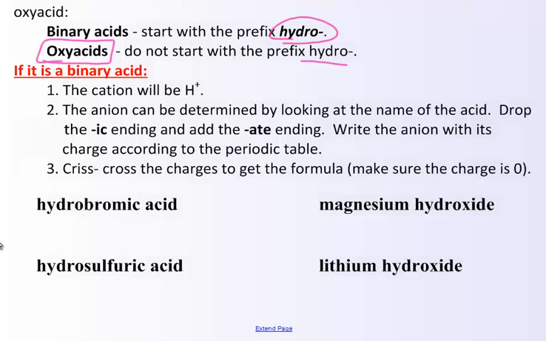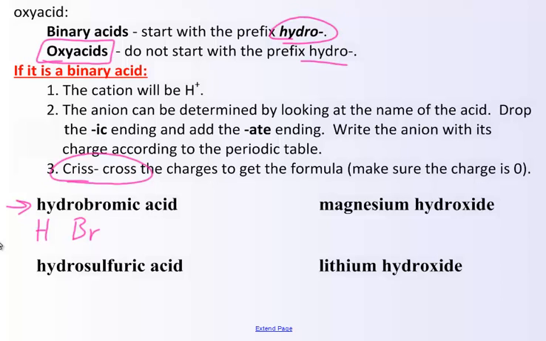So, looking at our first example, hydrobromic acid. Well, it says hydro, so we know that it is a binary acid, so it's only made up of two elements. We know it's made up of hydrogen, of course, and then bromic would be bromide, which is bromine from the periodic table. Now, we need to look for our charges, and we're going to use this crisscross method if you are familiar with it.